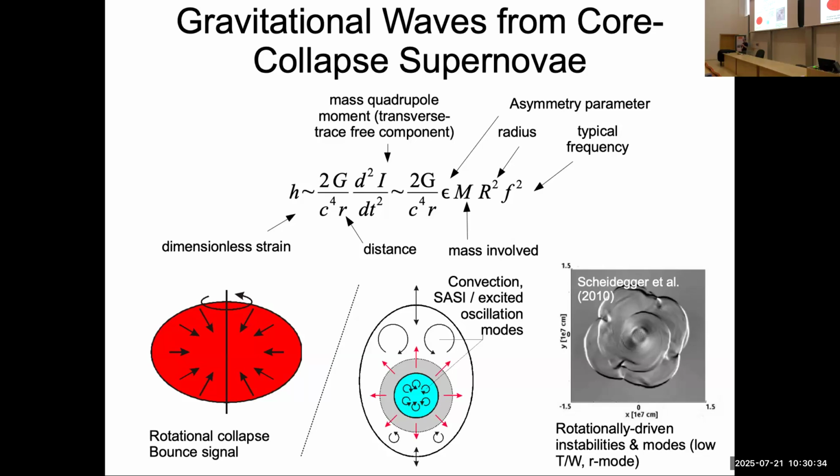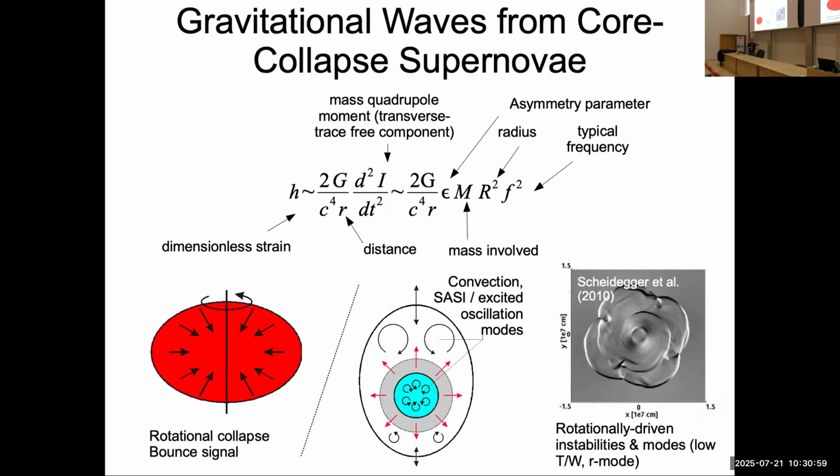And rotation can also, of course, play a role on a different level. Rotation can give rise to its own kind of instabilities, like the low T over W instability, triaxial deformations that can give rise to gravitational wave emission, whether that's around this bounce phase or closely associated to it, but also later.